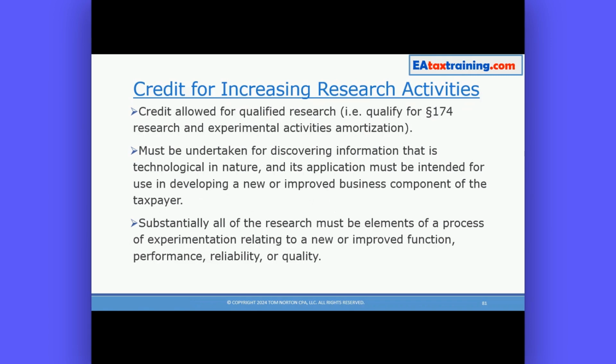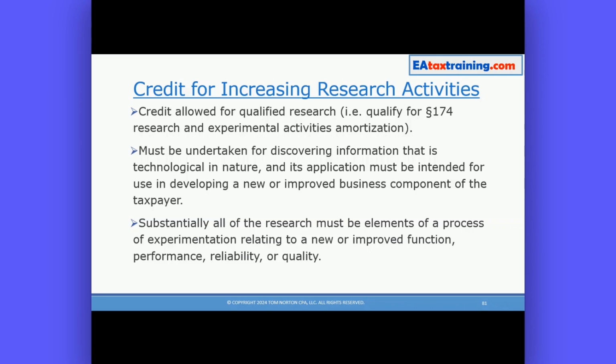This credit is allowed for qualified research. And there's a section 174 that talks about what qualified research activities are. So it has to be qualified research. Must be undertaken for discovering information that is technological in nature, and its application must be intended for use in developing a new or improved business component of the taxpayer.